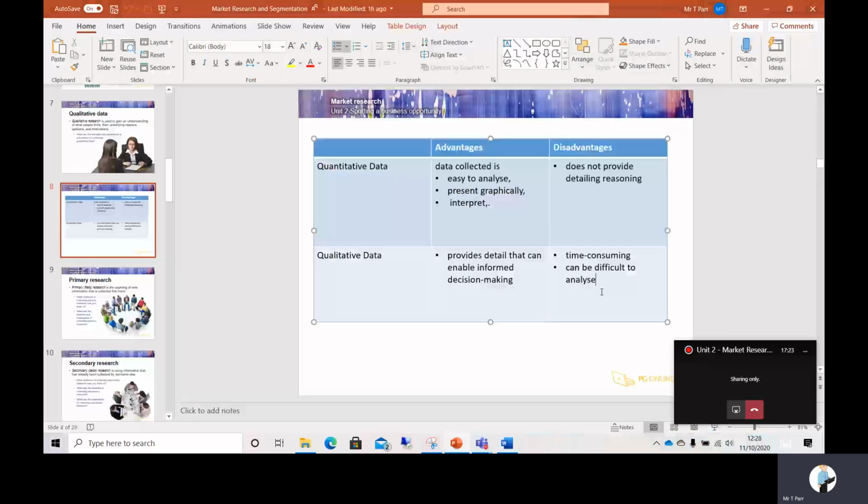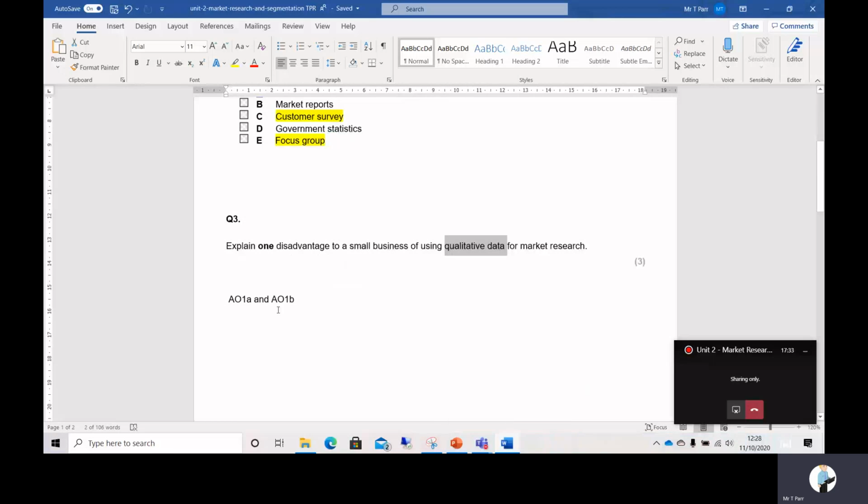So how can we put this into a good answer? First of all, we need to show that we understand what qualitative data is. So let's get a mark for that. So I'll start off by saying, this is where my typing skills really lack. Qualitative data is mostly non-numerical.